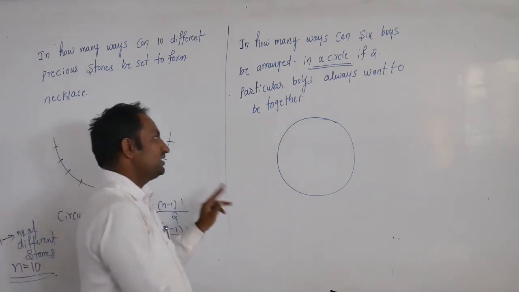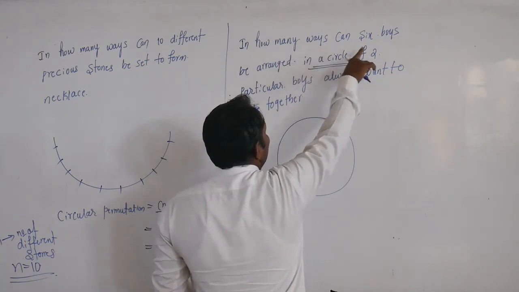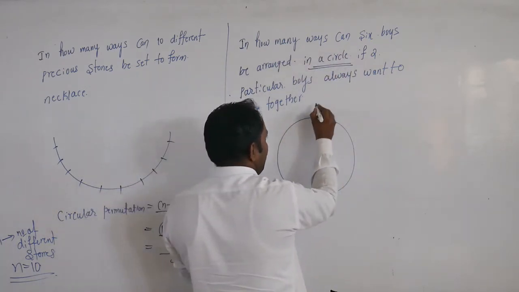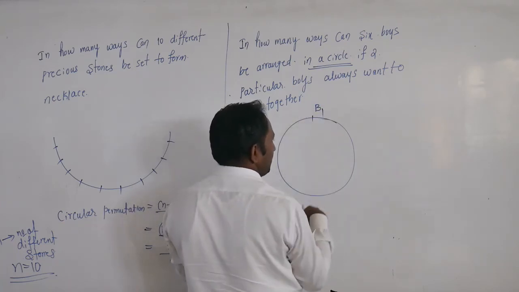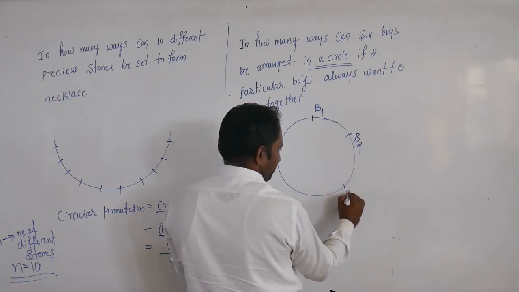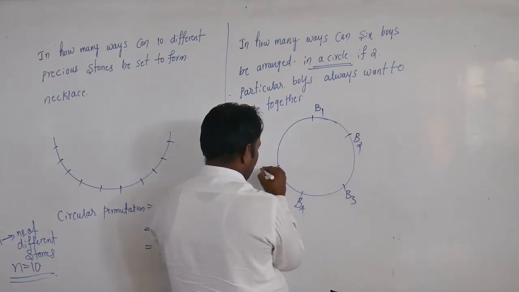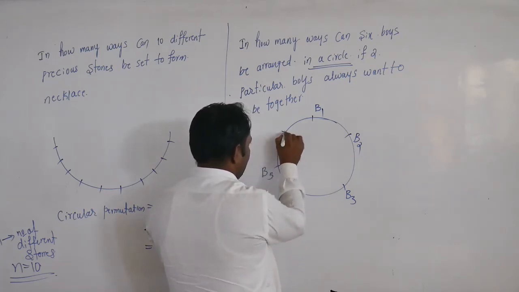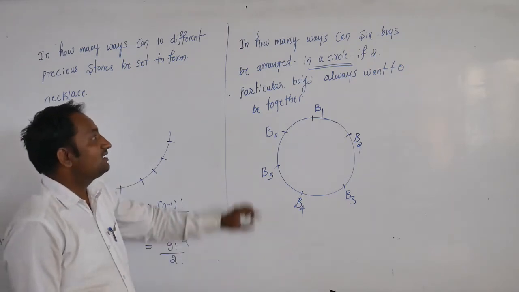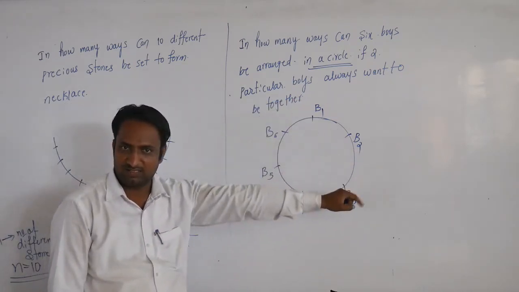Consider the boys B1, B2, B3, B4, B5 and finally B6, arranged in a circular path.